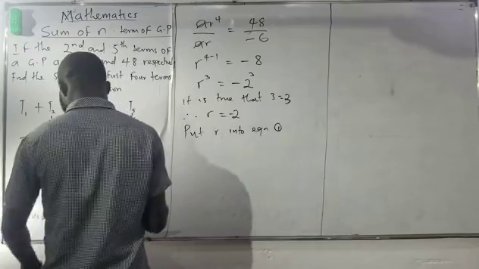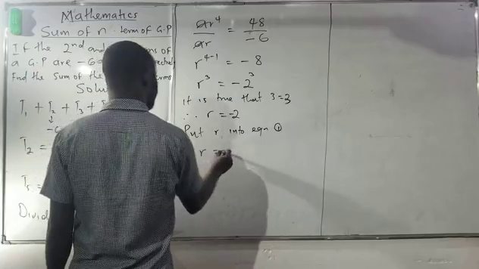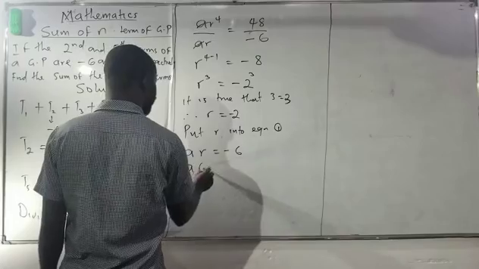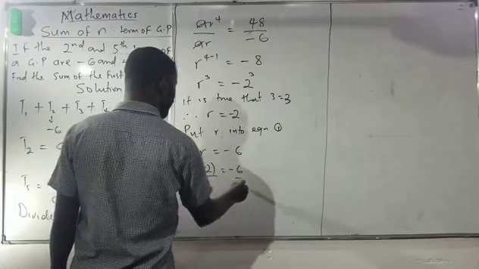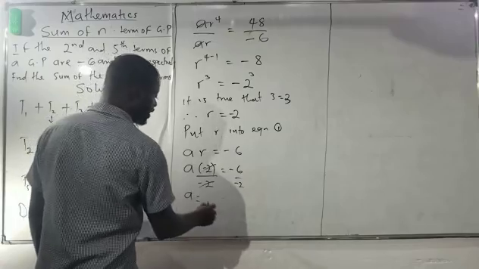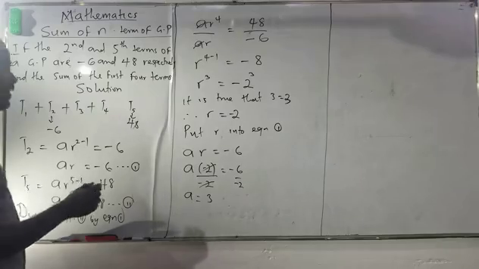Now, what's my equation 1? I have ar equals to minus 6. It means a bracket of minus 2 equals to minus 6. Divide that by minus 2 by minus 2. This will cancel. A equals to 3. It means my first term is equals to 3.